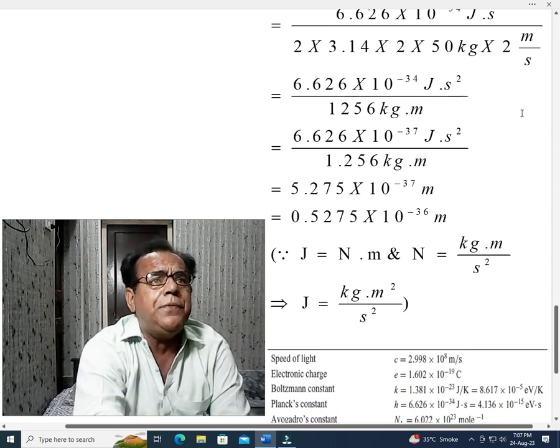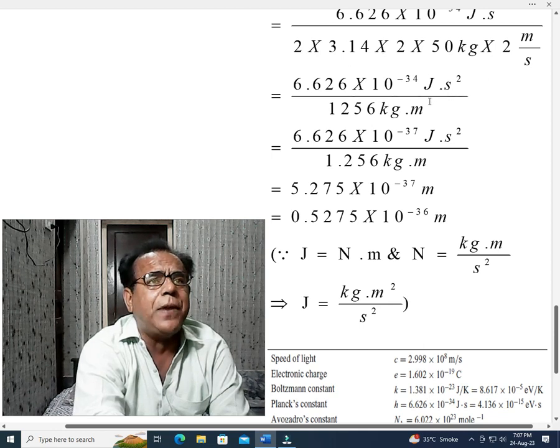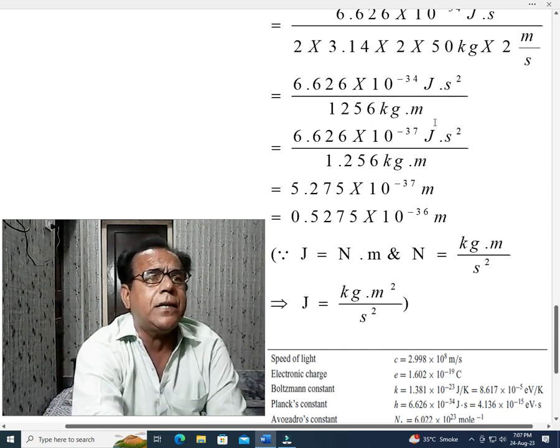So here we will apply this conversion factor, and after applying it, our answer will become uncertainty in position equal to 0.5275 into 10 raised to the power minus 36 meter.